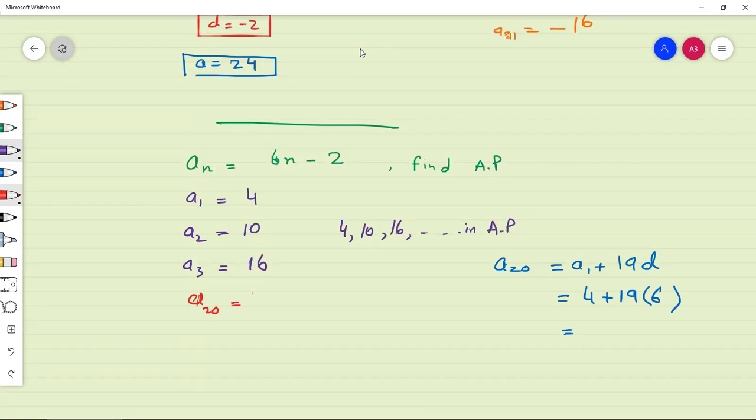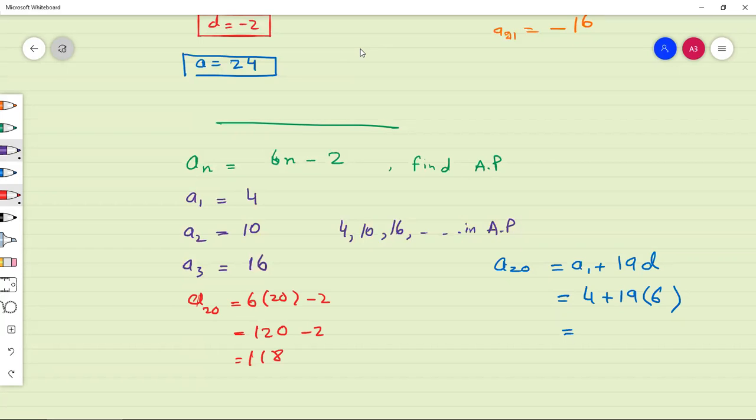Or otherwise you can put n is equal to 20 here: a20 is equal to 6 into 20 minus 2. So both answers would be the same: 6 times 20 is 120, minus 2 is 118.